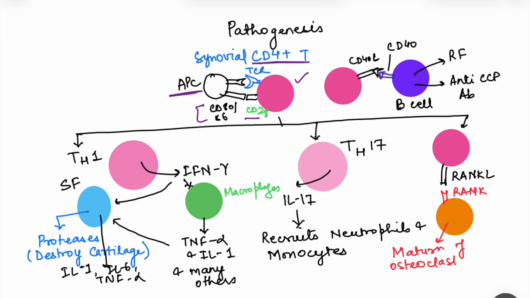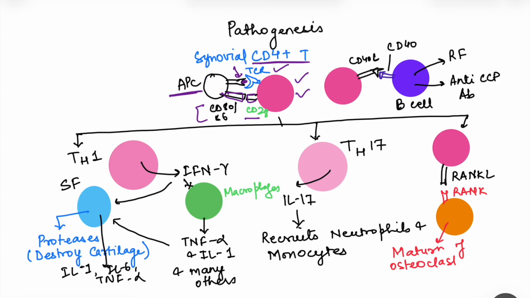See, this is basic physiology, that whenever antigen is presented, apart from this interaction between the T cell receptor and the MHC molecule over which the antigen is present, there is also interaction with some other proteins. This is known as co-stimulation, that is the second signal which is required for the activation of this CD4 plus T cell, helper T cell.